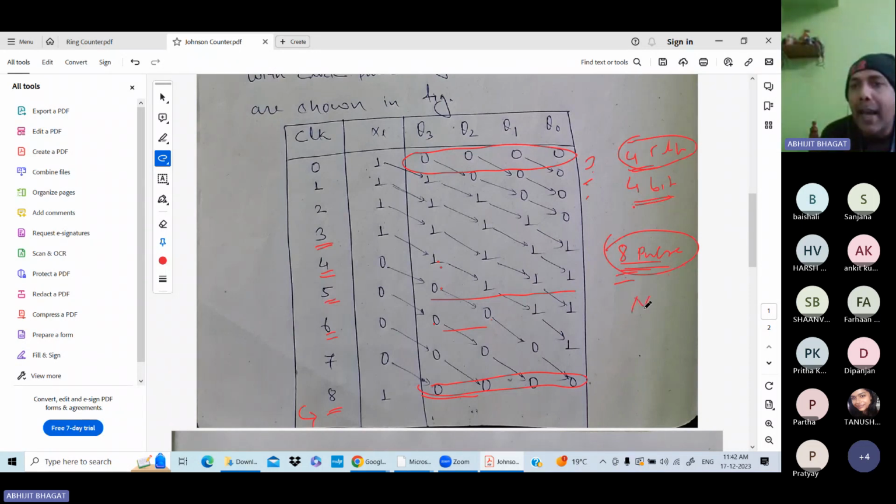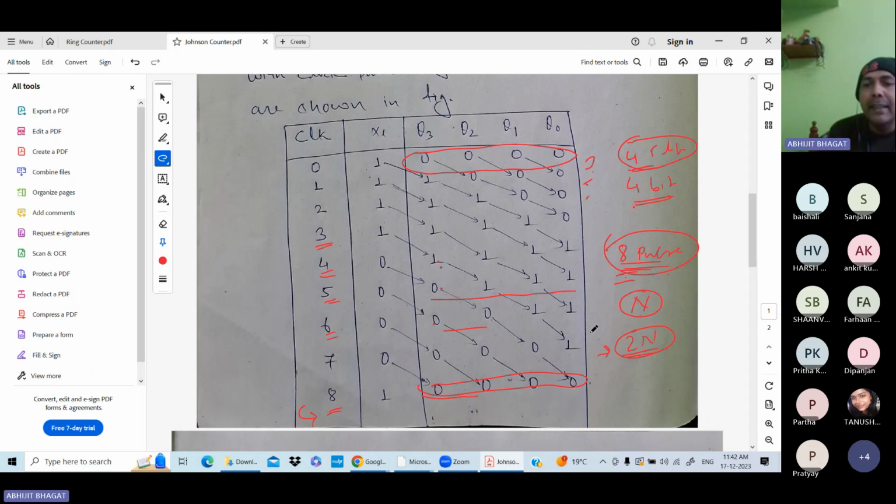Means if n flip flops are used, then 2n will be the states. If n is the number of flip flops, then up to 2n states you can count here.